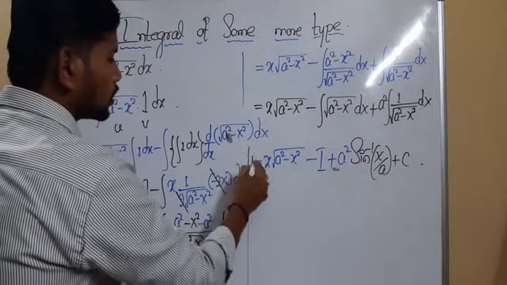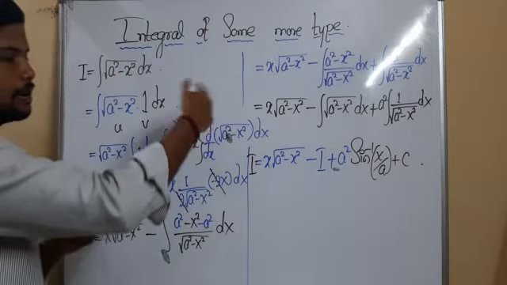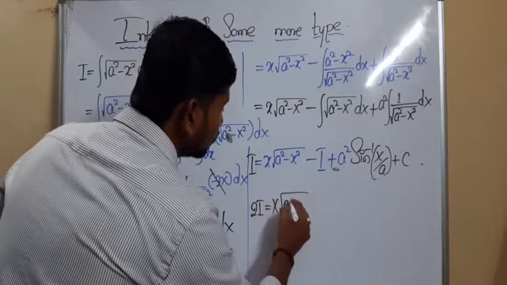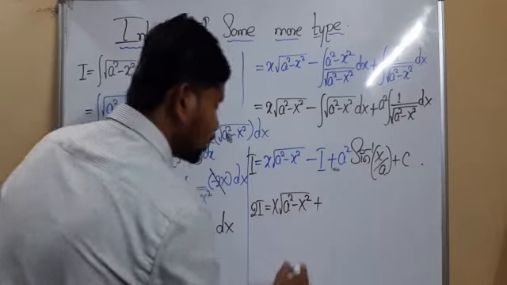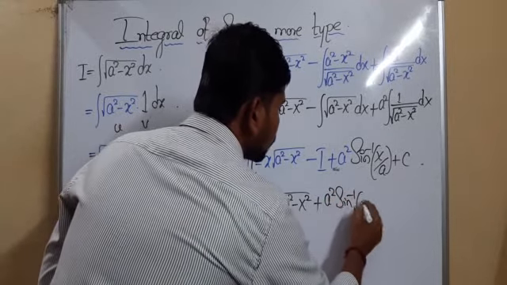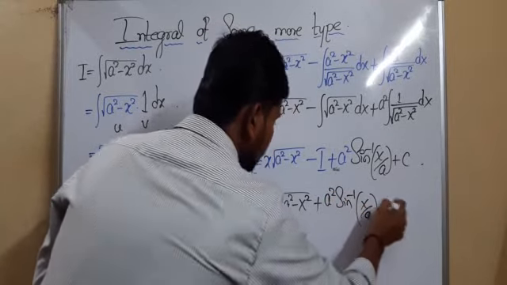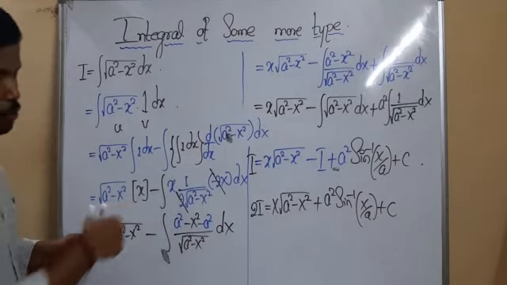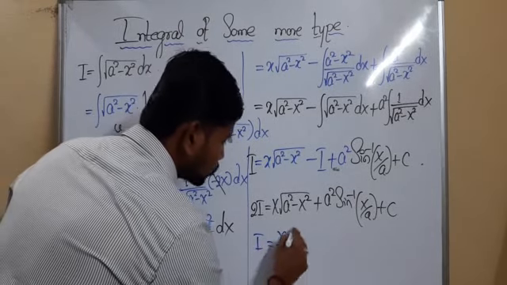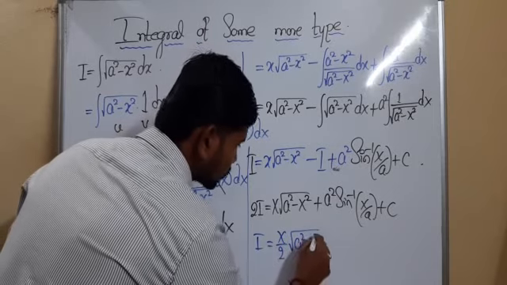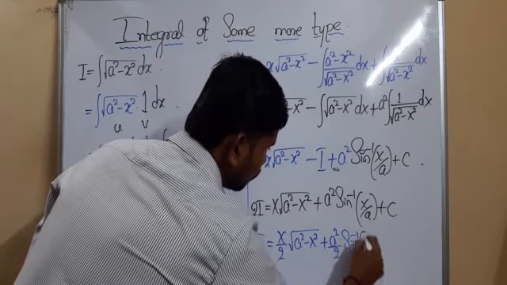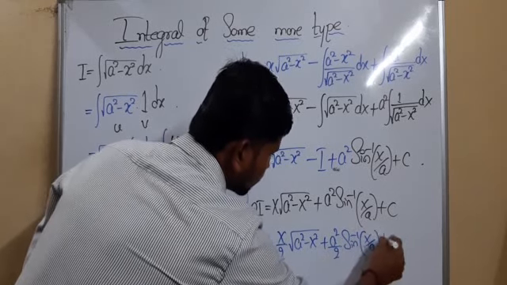Minus I on the left hand side, already I is there on the left hand side, I plus I will be 2I is equal to x square root of a square minus x square plus a square sine inverse of x divided by a plus c. Now I'd like to take 2 to the right hand side. It will be integral I is equal to x by 2 square root of a square minus x square plus a square by 2 sine inverse of x by a plus c.